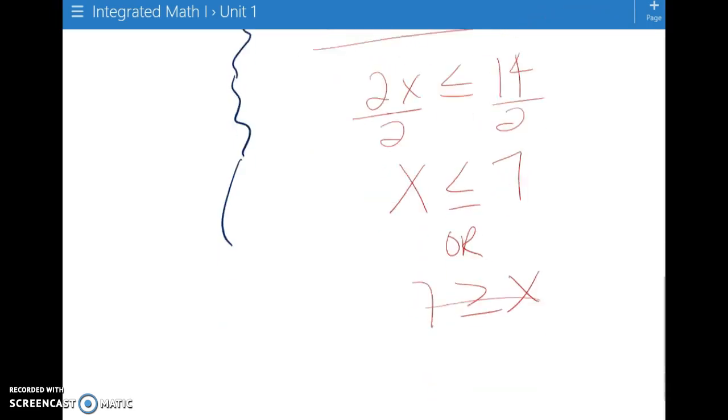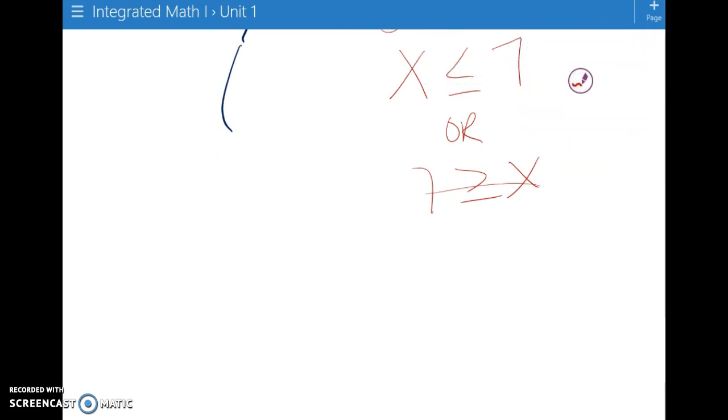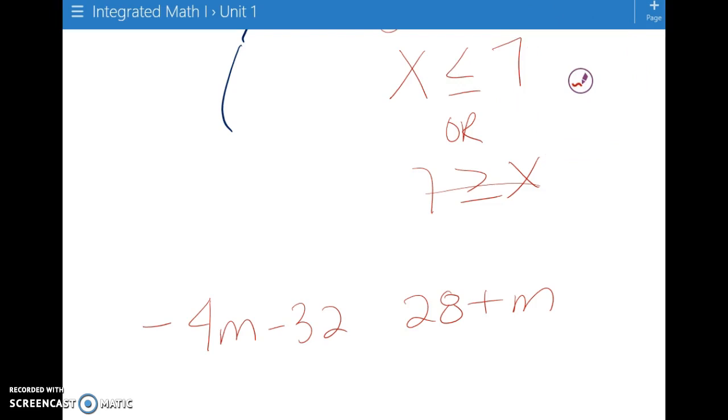All right, let's do another one. Okay, what about this one? Negative 4m minus 32 equals 28 plus m. Oops, I said equals. No, we're on inequalities. Don't make the same mistakes I'm making. Let's do is greater than or equal to.